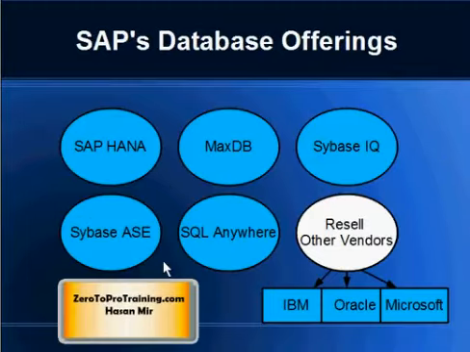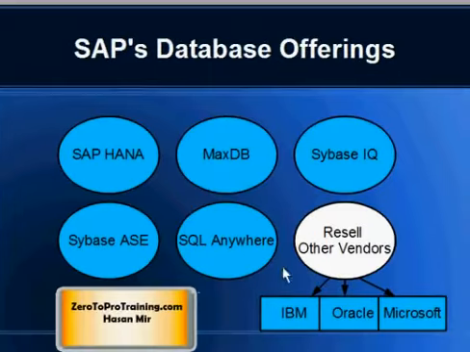Keep in mind that SAP AG company offers more than one database. So SAP HANA is one of the many databases offered by SAP AG. As you can see on the screen, SAP HANA is one, MaxDB, Sybase IQ, Sybase ASE, SQL Anywhere.